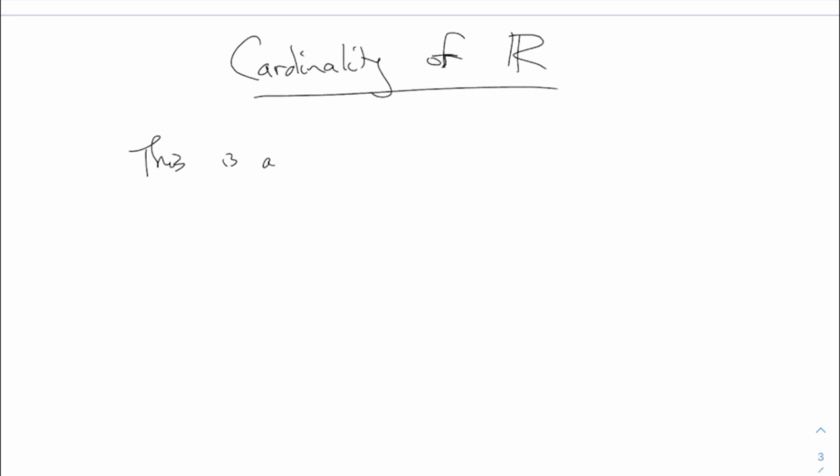This is about the size of R. Size meaning how many elements are there in the set of real numbers? How would you answer this question, how many real numbers are there? Yeah, infinity is really the only sensible answer.